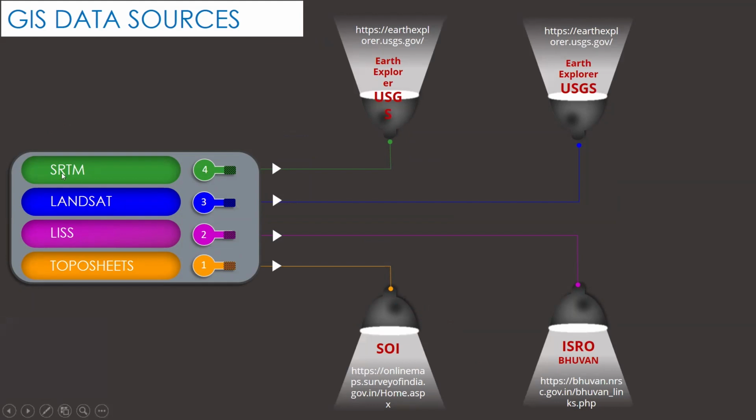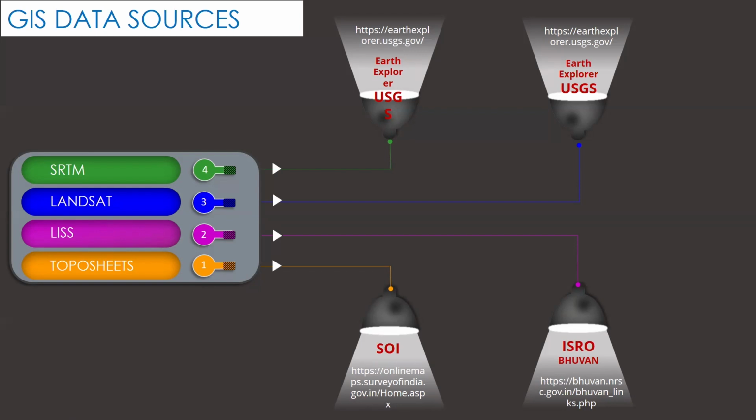SRTM, the Shuttle Radar Topographic Mission, is a Digital Elevation Model, and the best source to download it is USGS Earth Explorer. You need to register yourself using a user ID and password, because they have a pool of databases, and you should know where from you want to download and which part of the earth you want to download the data. You go and download that.